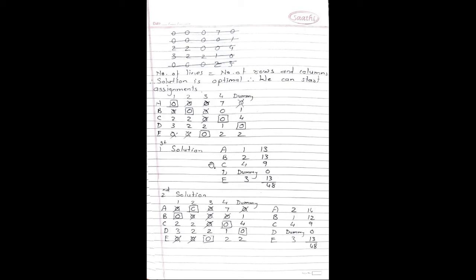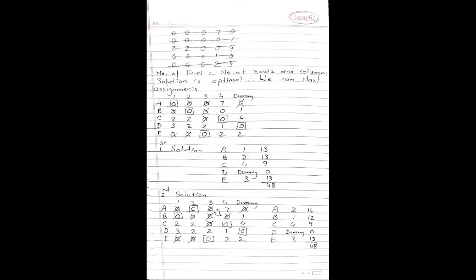So the first solution is A is assigned with 1, B is assigned with 2, C is assigned with 4, D is assigned with dummy, and E is assigned with 3. And their respective values from the first table are 13, 13, 9, 0, 13, and the total value is 48. And as there are so many zeros, we can have a second solution as, instead of the first row first 0, we will mark the second 0.